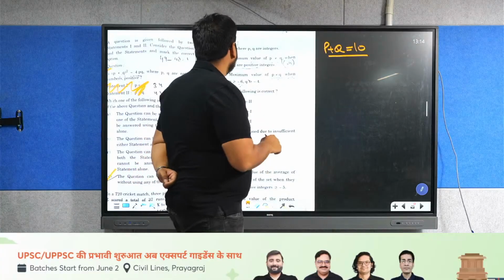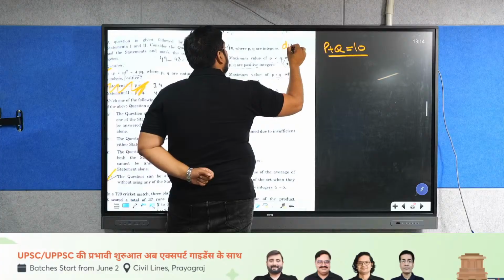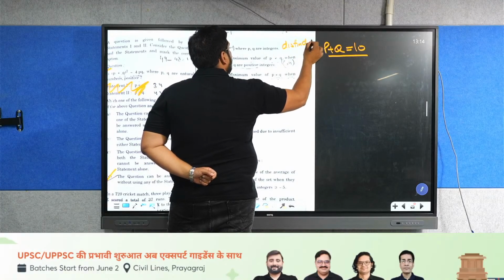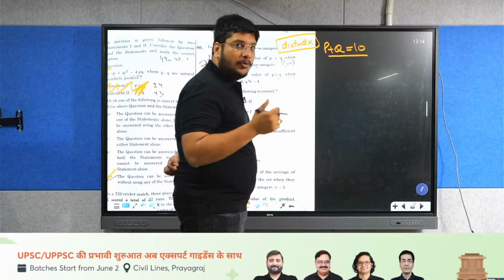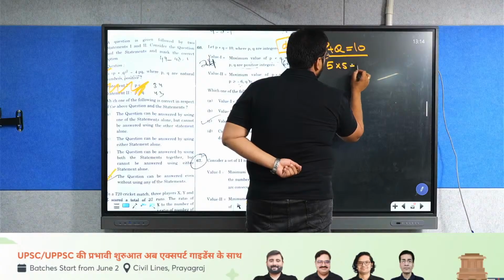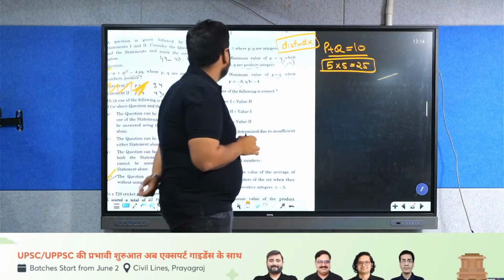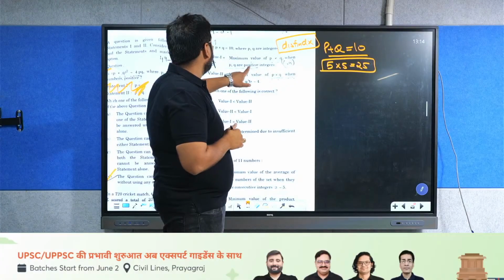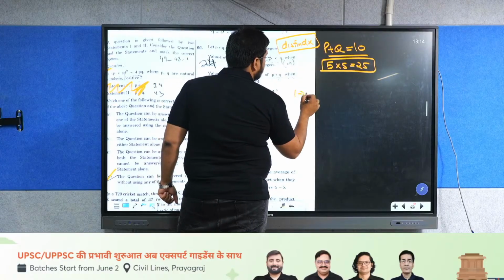Both are positive integers, but nowhere has it been mentioned that they have to be distinct. Is it mentioned? No. I can take them to be the same. Let both the numbers be 5 and 5. 25. So maximum value of PQ when P and Q are positive integers, that is value 1. So value 1 is equal to 25.